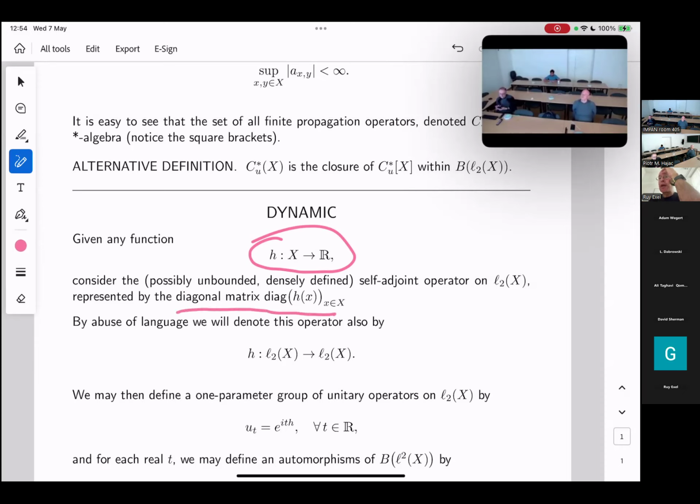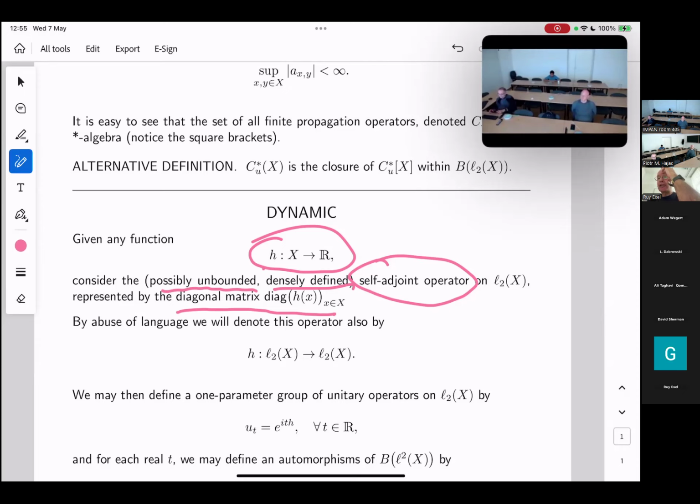Look at the diagonal matrix having the values of this function along the diagonal, and regardless of whether or not this function is bounded, this always defines a self-adjoint operator on the Hilbert space, which could certainly be unbounded and therefore densely defined. Every choice of entries along the diagonal of a matrix defines a self-adjoint operator on L2 of X.